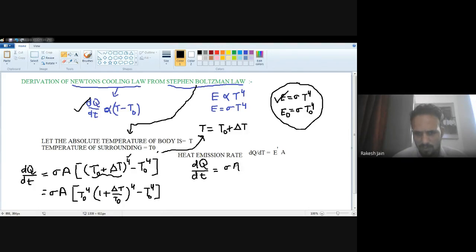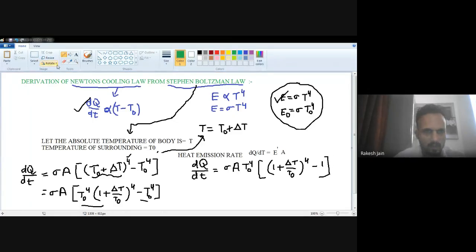T0 raised to the power 4 is common from both, from this first and from this second. And in bracket you will have (1 + ΔT/T0) raised to the power 4, as it is, from the first side, and then minus 1 will be there. Minus 1 is why? Because T0 to the power 4 we will take as outside.